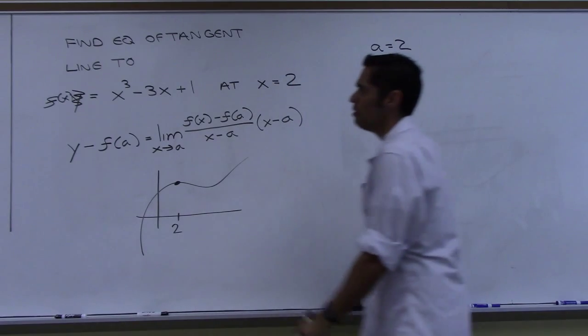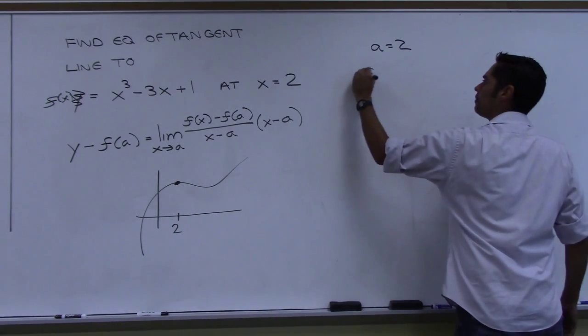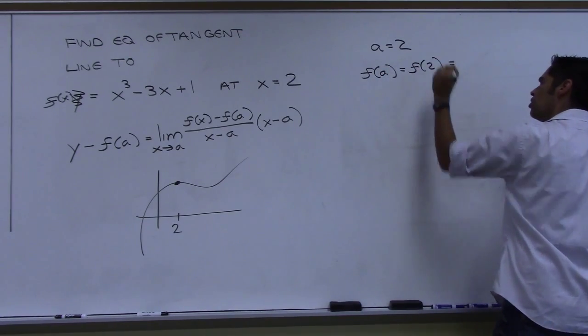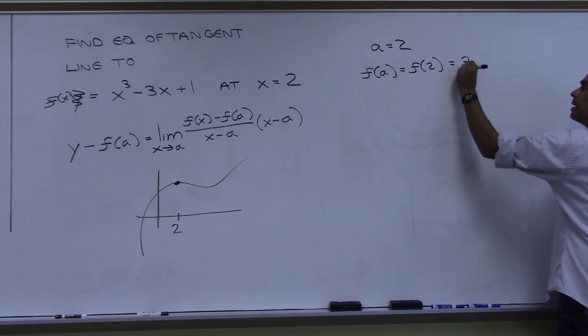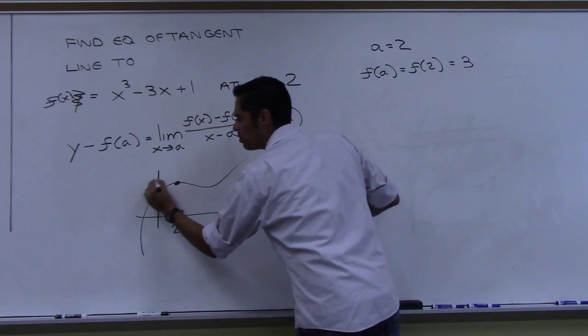So what would f of a be? That would be the same as f of 2. So plug 2 into the function, and what would you get? 8 minus 6 plus 1, so 3? You get 3. Yes? So this point right here is actually the point (2, 3), isn't it?